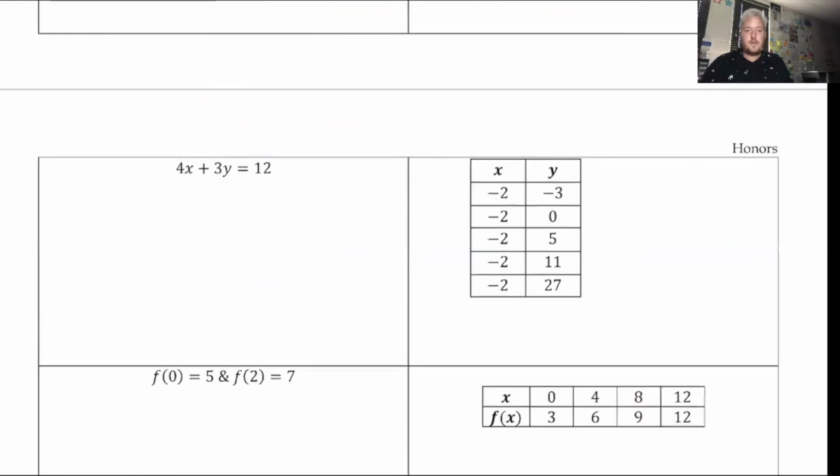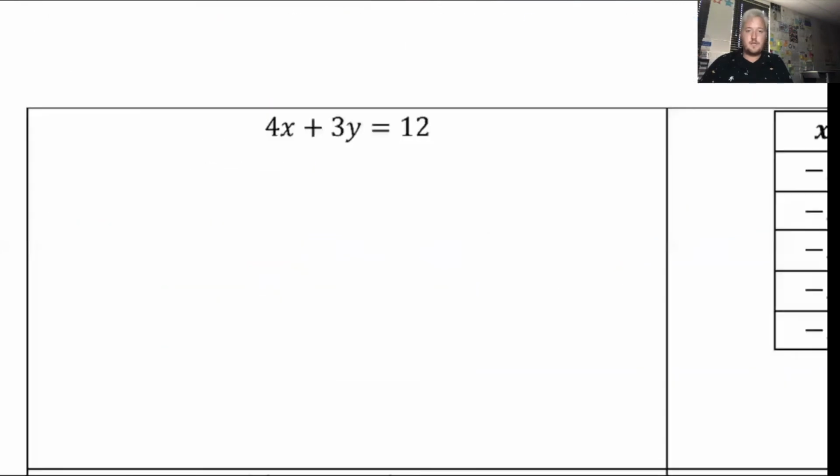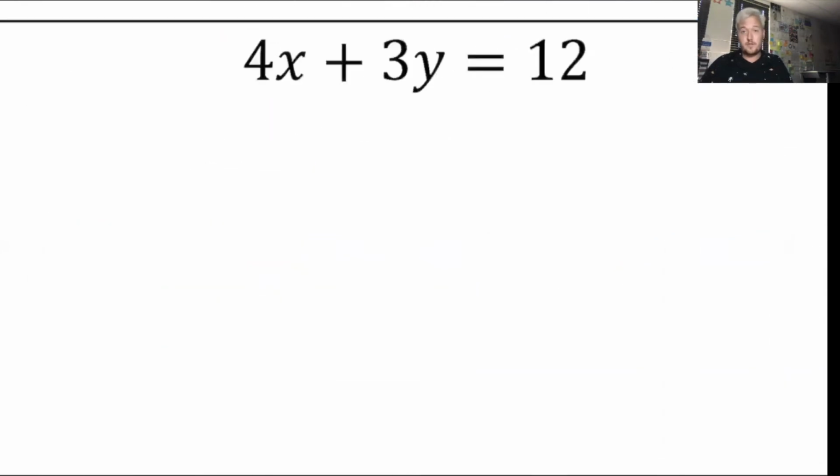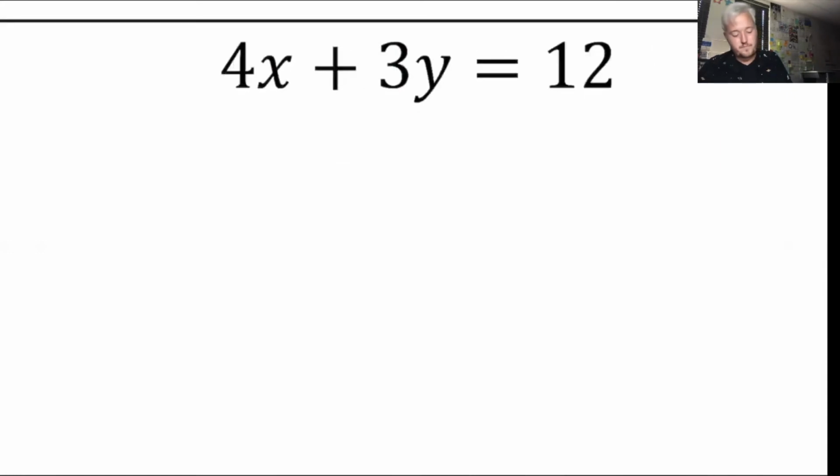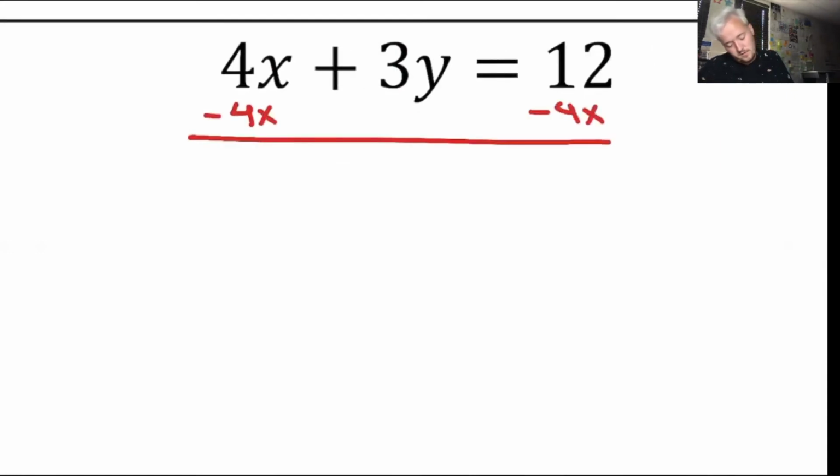All right, so same idea down here. We still want to find the slope-intercept form equation. In this case, we have a standard form equation, but I want slope-intercept form. What that means is I want to solve for y. I want y by itself. So I'm going to get rid of everything with y. So I'm going to subtract 4x. So we're going to have 3y equals -4x plus 12.